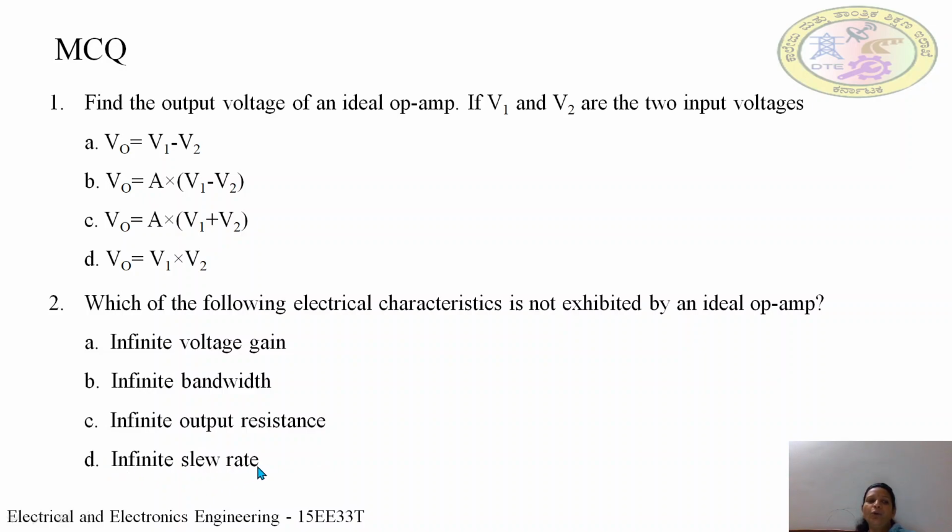Option A, option B and option D are true electrical characteristics, whereas option C, infinite output resistance, is false. This is the characteristic which is not exhibited by an ideal op-amp. An ideal op-amp has zero output resistance. So option C is the right answer.